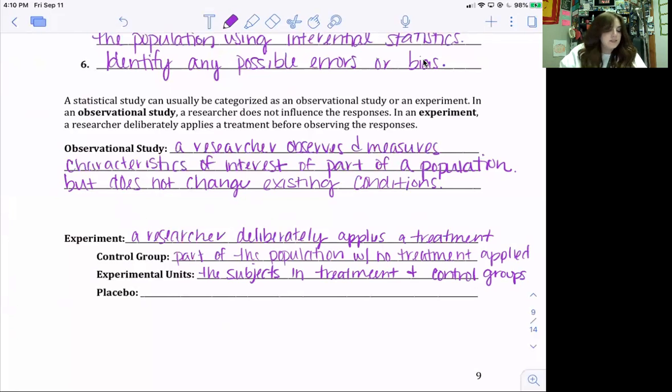And then a placebo is a harmless, fake treatment that is made to look like the treatment.